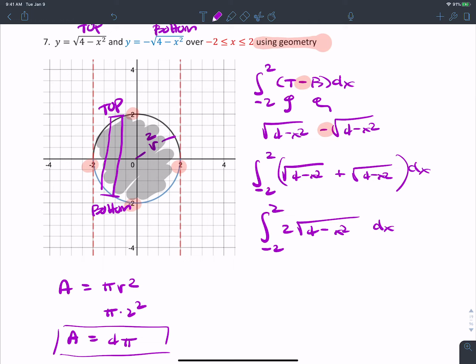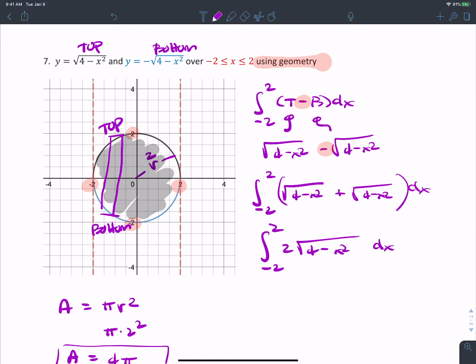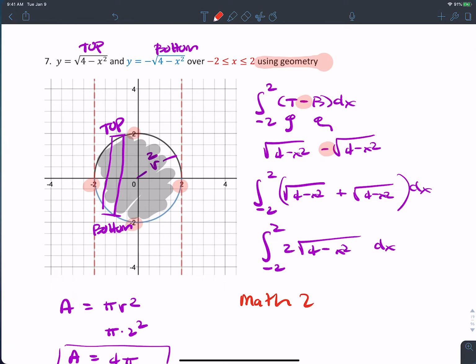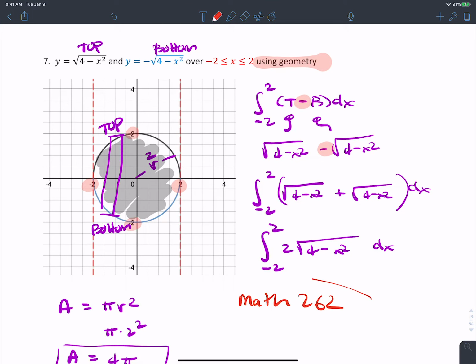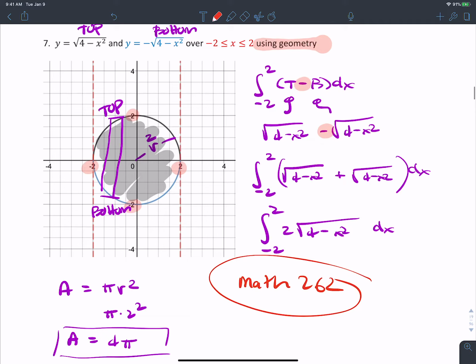Now I'm going to say to you guys, you don't know how to integrate this in this particular class. In this class, you have to take the second calculus course, Math 262, which covers this. So you guys know. But you already know the answer, and they assume you guys have had some geometry.